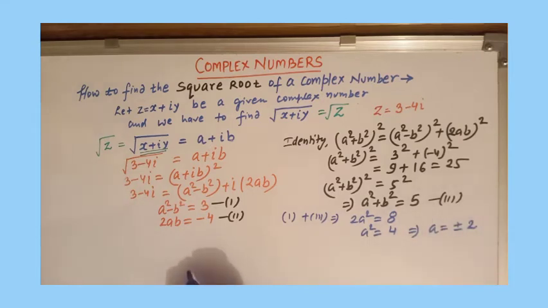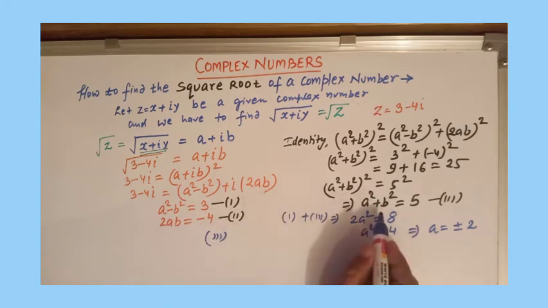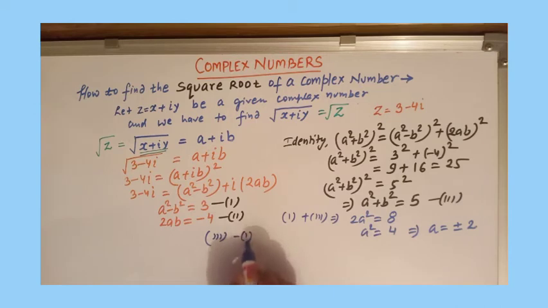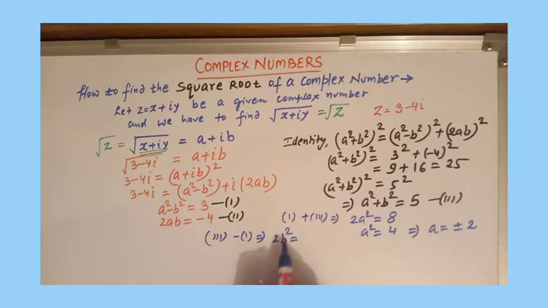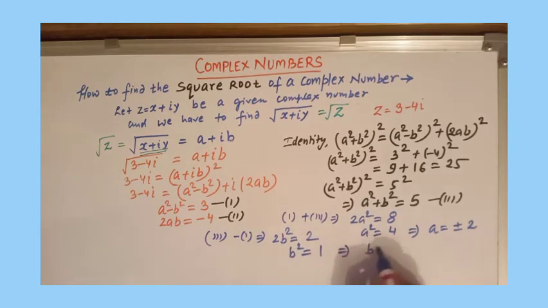Now if we subtract equation 1 from 3, we have a square and a square get cancelled, and we have 2b square, since b square minus minus is plus, and we have 2b square is equal to 5 minus 3 is equal to 2, and b square is equal to 1, and this implies that b is equal to plus minus 1.